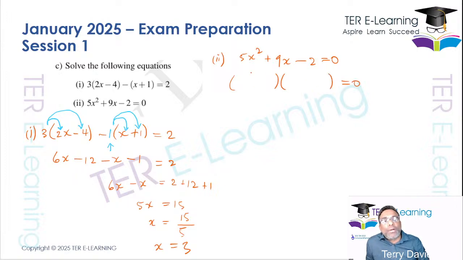So when it comes to the 5x squared, we can put 5x here and put 5x here. And we want to get minus 2. The only way you're going to get that is you can probably put 1 here and put 2 here. Let's see if that's making sense. 5x by x will give us 5x squared, 1 by 2. So you want to get positive 9x.